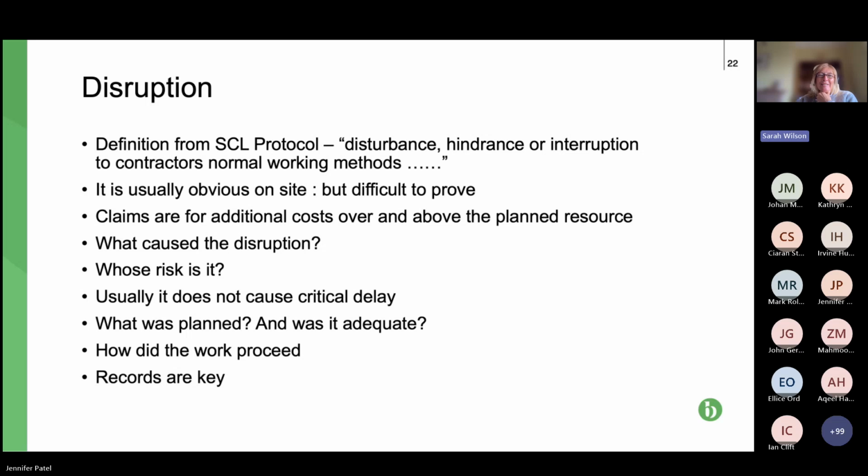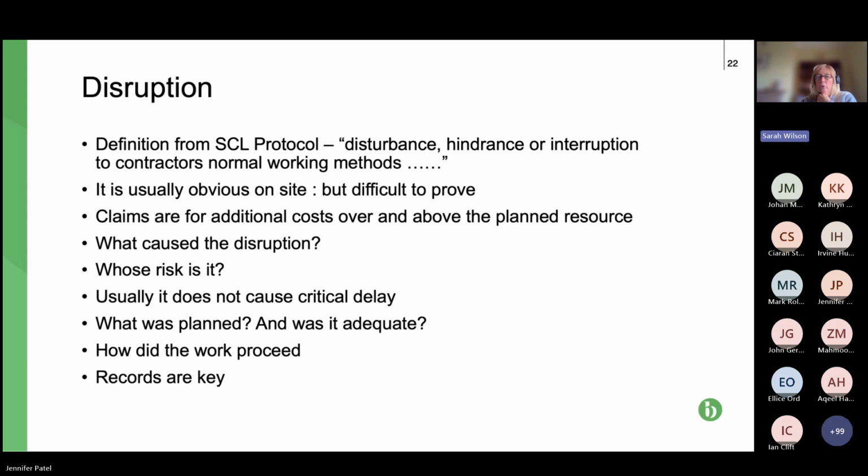Second bullet point, probably not that helpful to you, but good to know. It's usually obvious on site, but difficult to prove, because what you are claiming is for the additional cost over and above the planned resource.